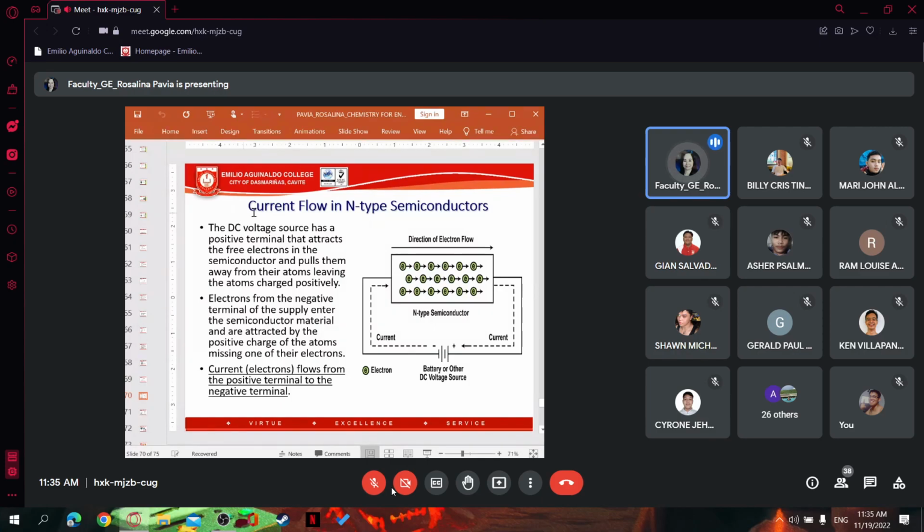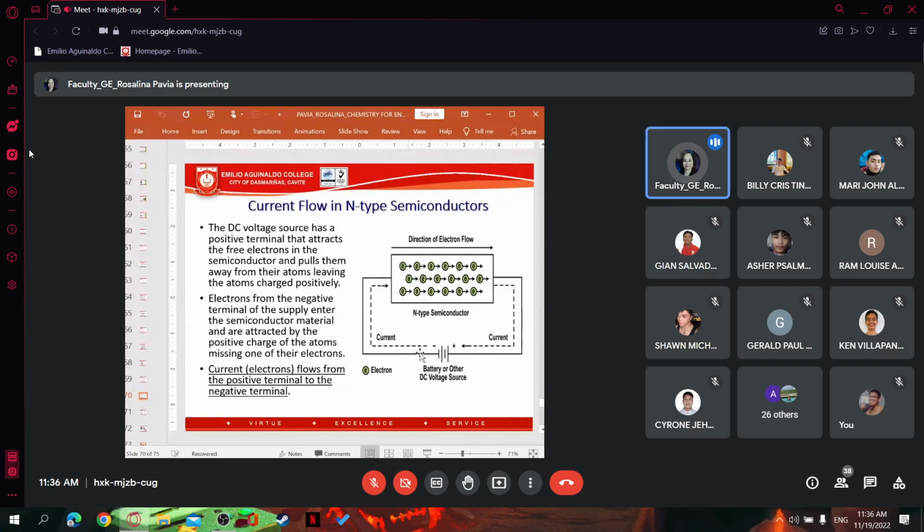Now, the current flow in N-type semiconductors. The DC voltage, DC stands for direct current, has a positive terminal that attracts the free electrons in the semiconductor and pulls them away from their atoms, leaving the atoms charged positively.